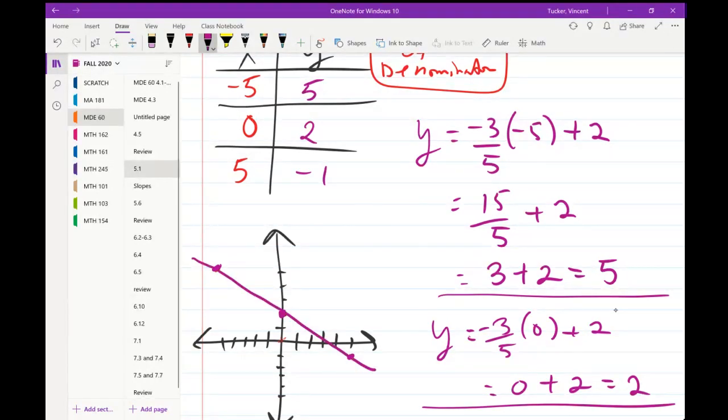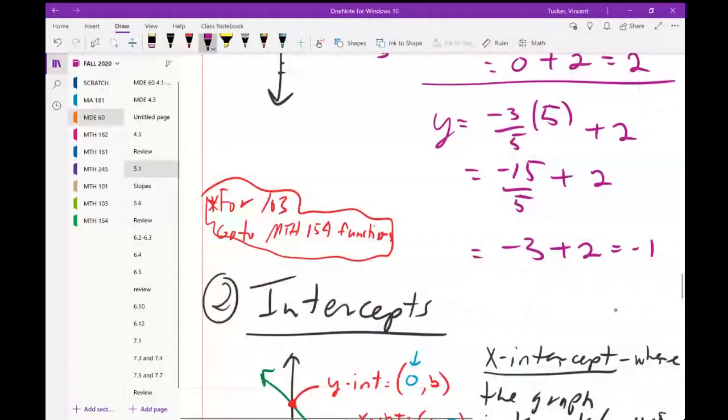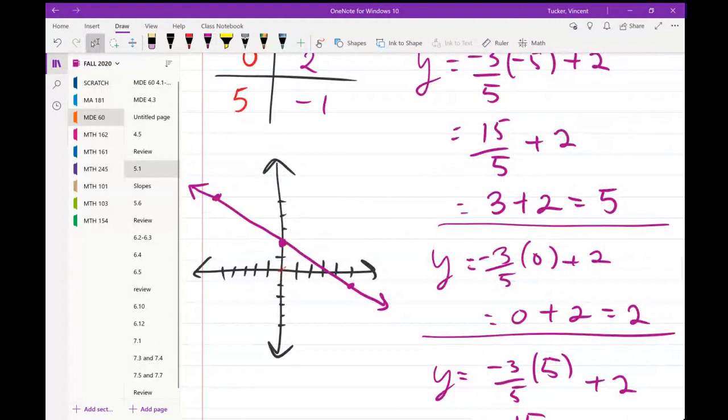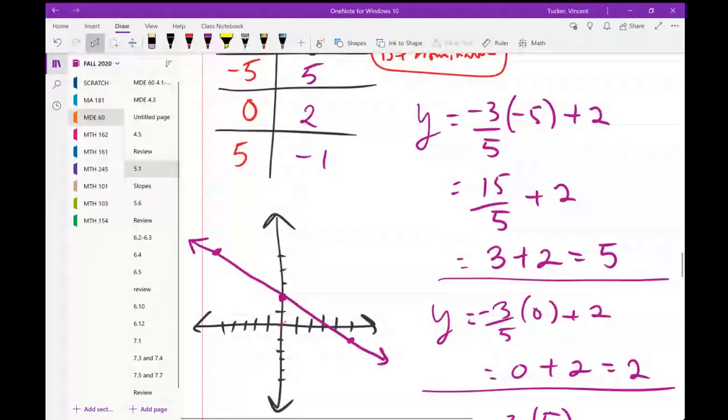Then draw my line. All right, questions with creating the XY chart before we look at our intercepts? Any questions? So you get to choose your X values, plug them in, then find your corresponding Y value.